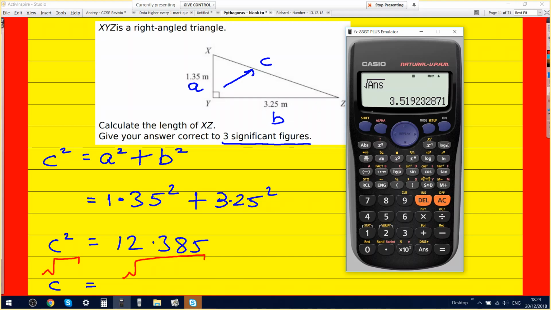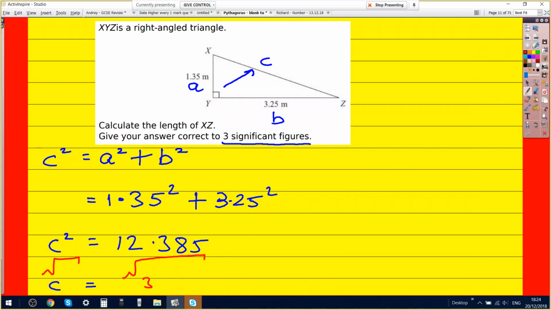I did square the answer. So 3 significant figures they want. 3.52. Well done. 3.52, and that looks like a much more reasonable answer.